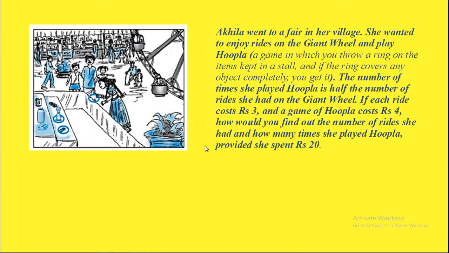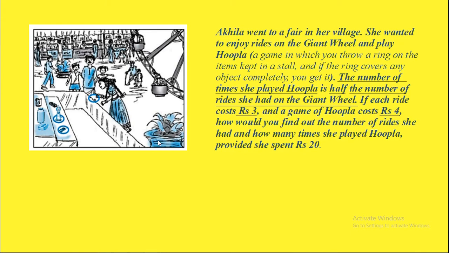And this was the problem, and we have some hints here. The number of times she played hoopla is half the number of rides she had on the giant wheel. The next hint is that one ride of the giant wheel costs ₹3 and one game of hoopla costs ₹4.